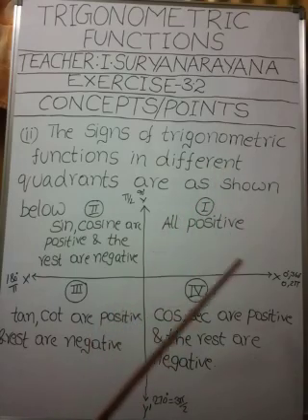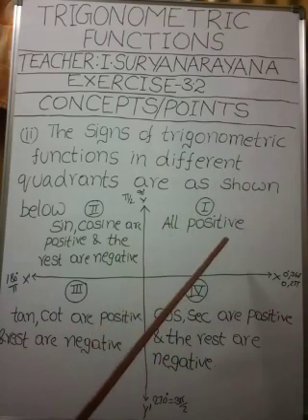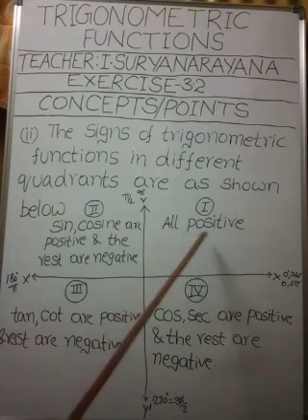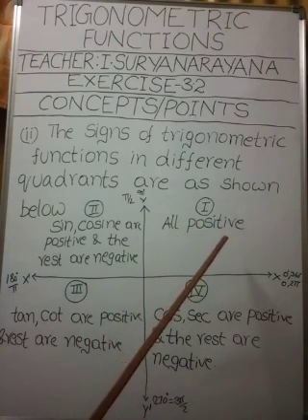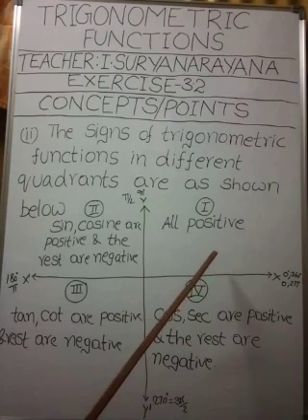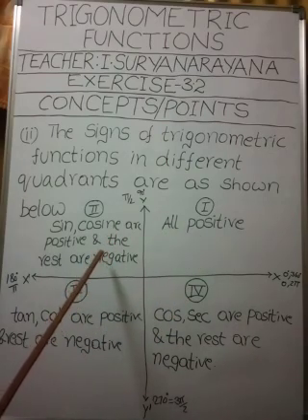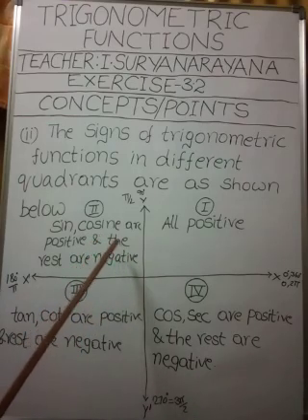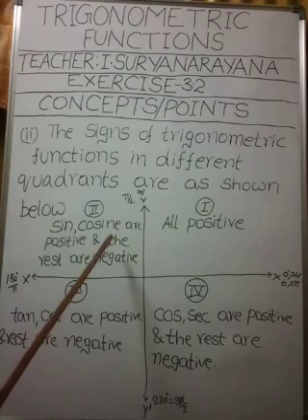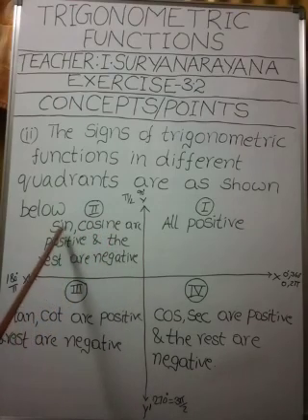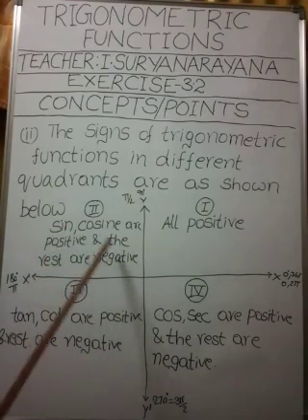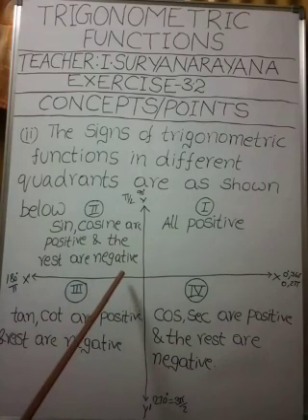Okay, my dear children, if the angle is in the first quadrant, then all trigonometric functions are positive. Okay, my children, come to the second quadrant. If the angle is in the second quadrant, then sine and cosecant are positive and the rest are negative.